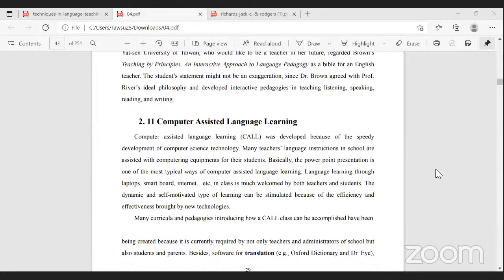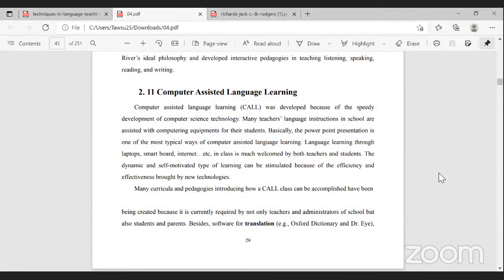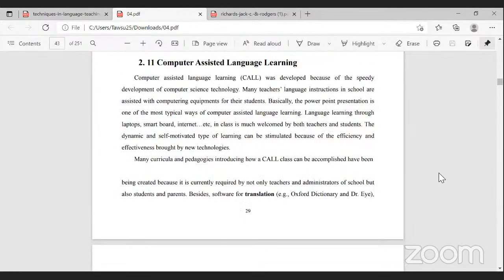So basically, this is a type of language learning which is very dynamic in nature, self-motivated, and highly appreciated. So many curricula and pedagogies introducing how a class can be accomplished have been created, because it is currently required by not only teachers and administrators of school, but also students and parents.